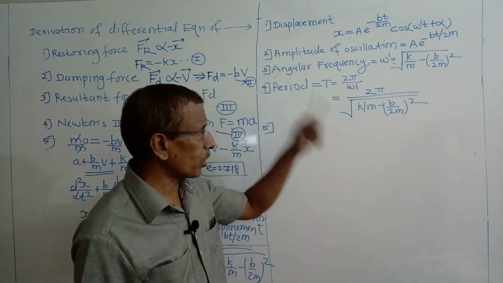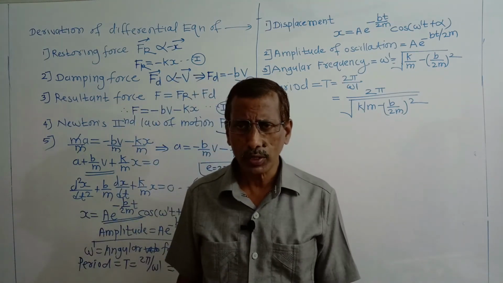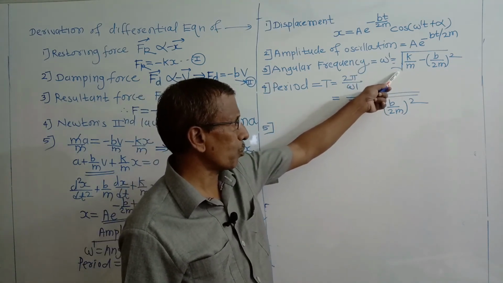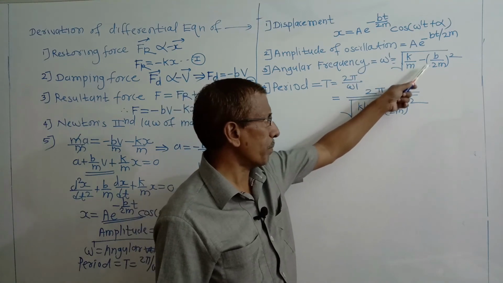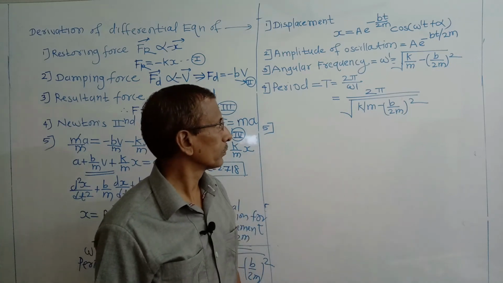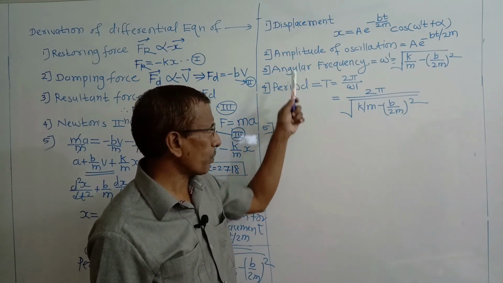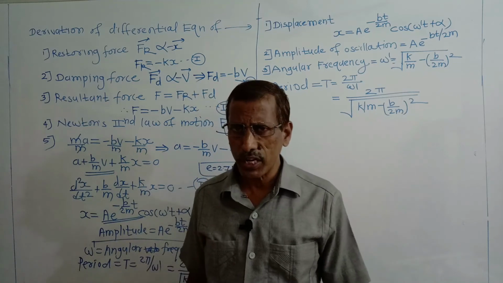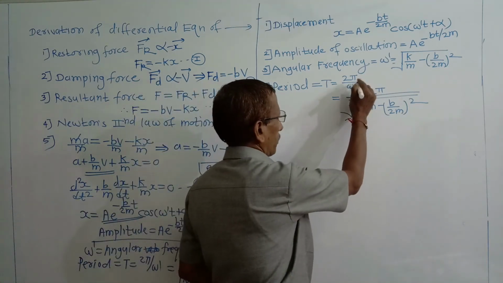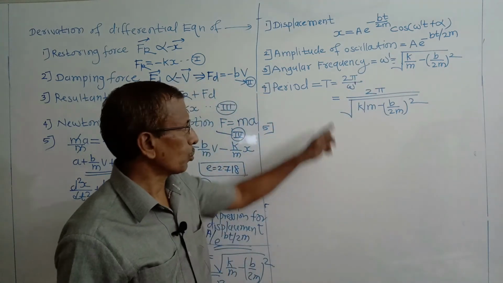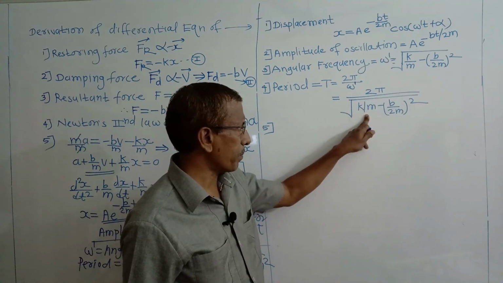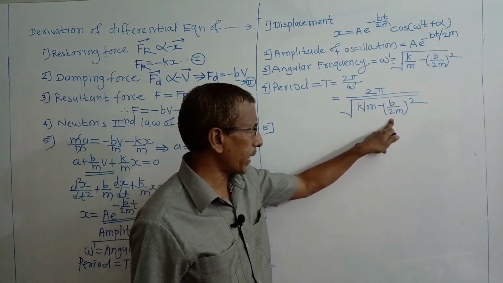Then we consider the angular frequency of the damped harmonic oscillation. ω' is equal to the square root of k/m minus (b/2m) whole squared. From this angular frequency we obtain the expression for the period, T = 2π/ω', so T = 2π divided by the square root of k/m minus (b/2m) squared.